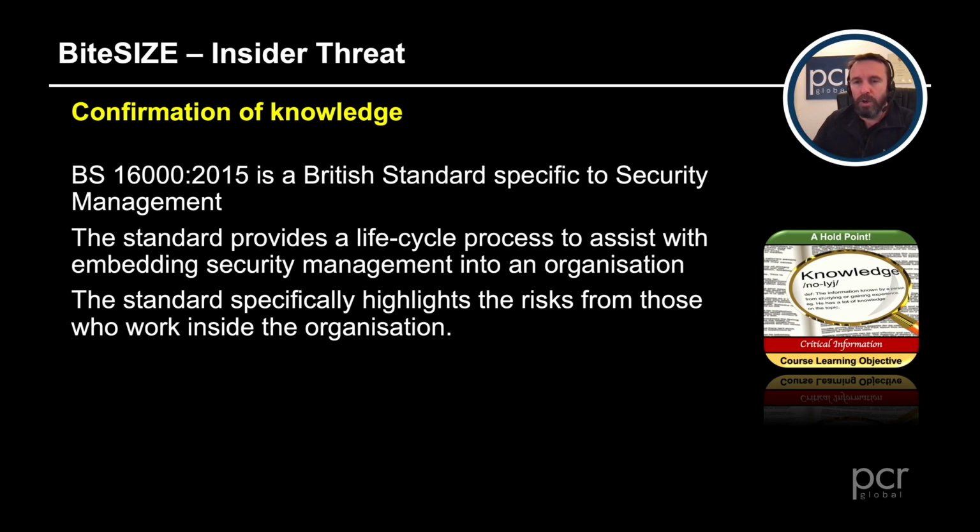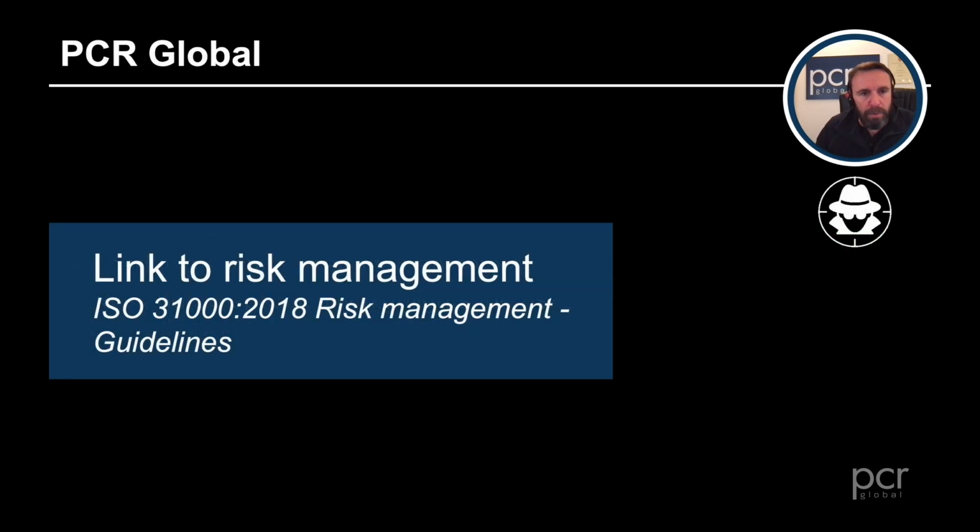That's why you hear me going on regularly about the high level structure. The standard specifically highlights the risks from those who work inside the organisation. So very, very important there. Okay, and now on to a link to risk management. Here we're going to look now inside a threat, security risk management, ISO 31000.